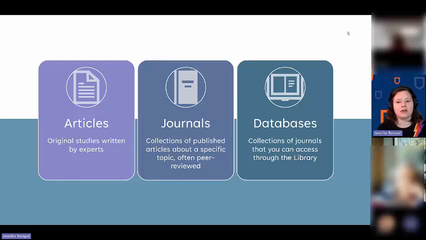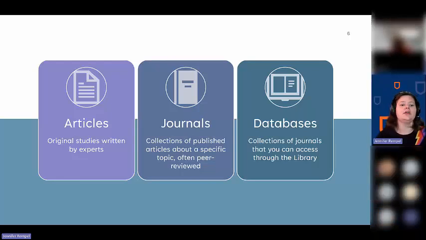Databases are large collections of different journals that are published by different companies. So again, the item you're going to be looking for is usually going to be an article. The article was published in a journal, most likely, and that journal is most likely then in a database, and that's how you access things. Typically, this is all on the web. Some journals still actually do print, or they do print and online, but for the most part, we're thinking of online materials. And again, we're an online university too, so we focus on that as well.